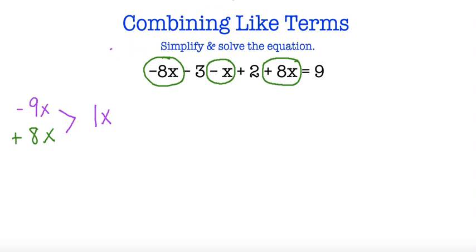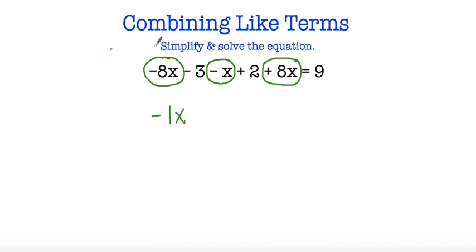Since negative 9 has a greater absolute value, my number here will be negative. So after I've combined those three like terms, I end up with negative 1x. Or just negative x, whatever makes it easier.